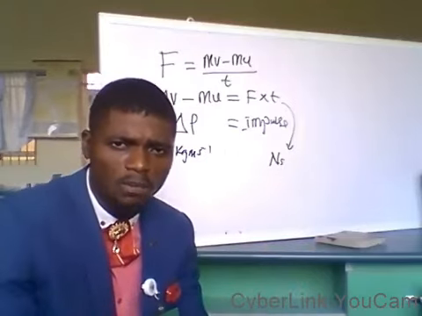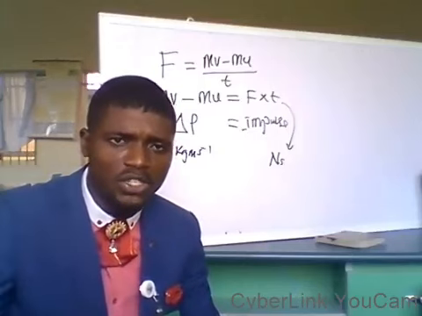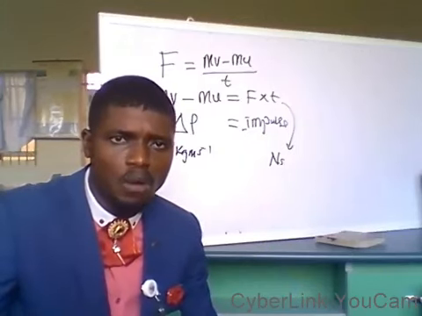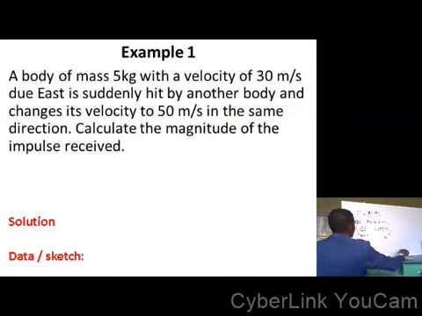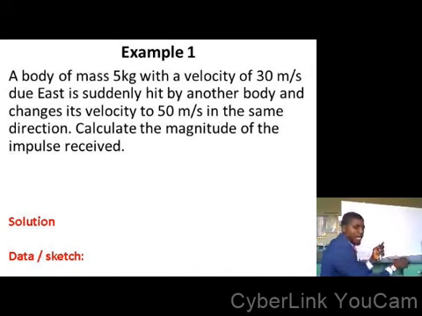Let's take a look at some examples that have to do with these equations. We'll look at example number 1. Example number 1 reads: a body of mass 5 kg with a velocity of 30 meters per second is suddenly hit by another body and changes its velocity to 50 meters per second in the same direction.